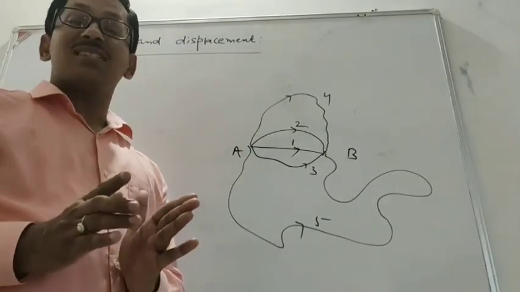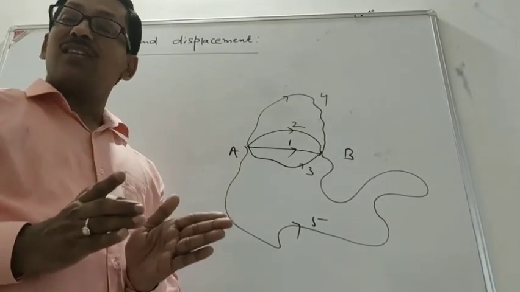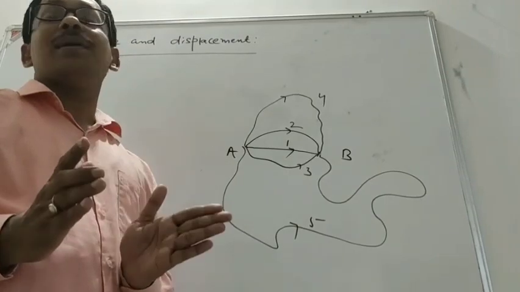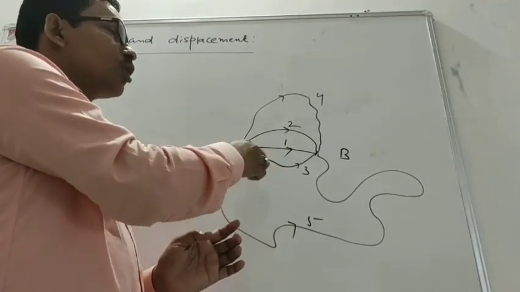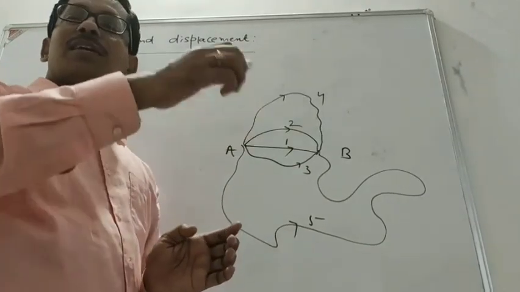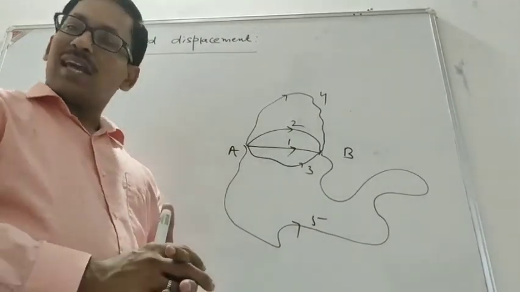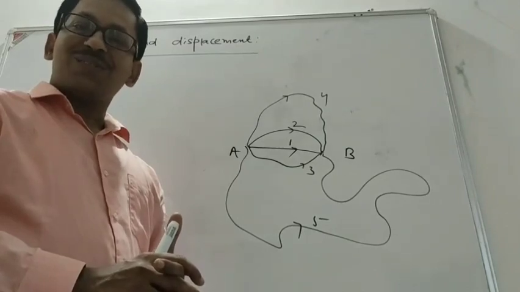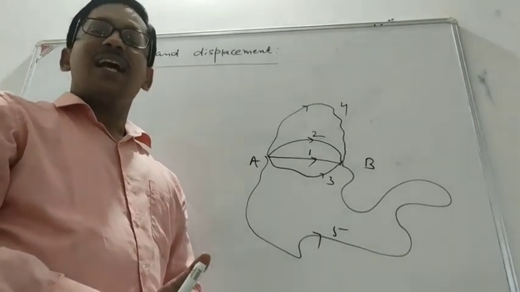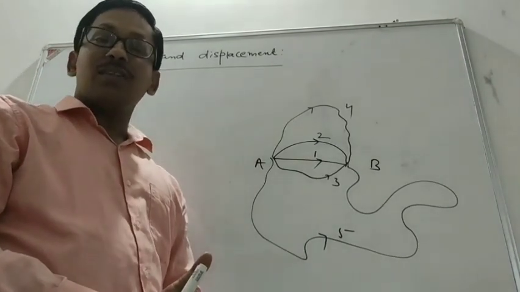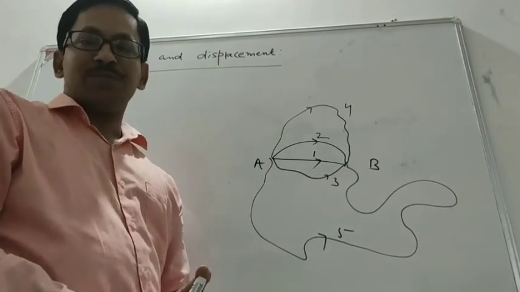Remember, distance travelled means length of the actual path. Whenever you are following path number 1 or 2 or 3, in every case the length of the path is different. So, distance covered will be different. And distance covered depends upon the path followed.